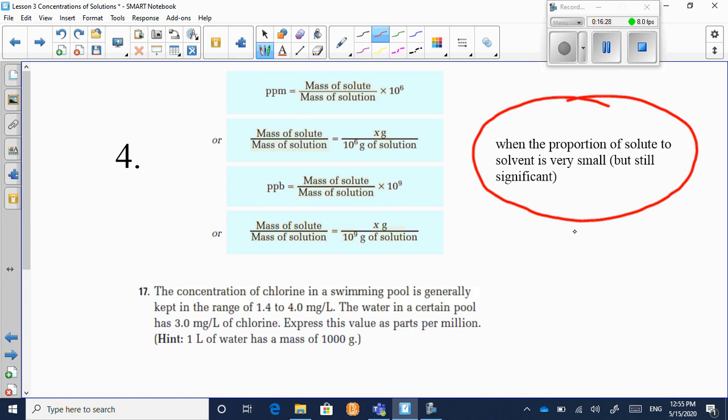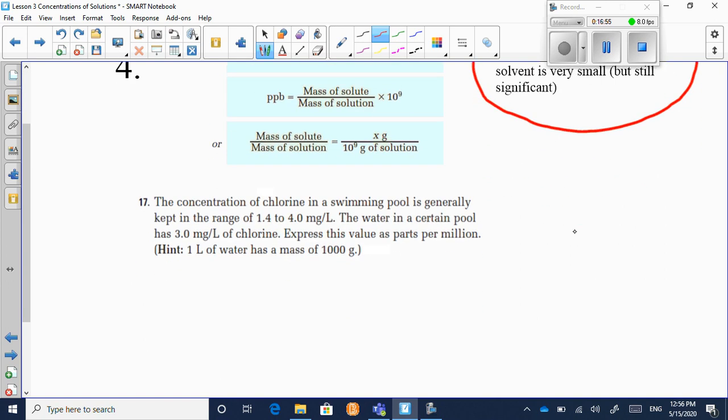You're going to be given something like 30 parts per million. Well, again, it turns it into a number that's a little friendlier to work with, but also it's significant. If I was interested in the amount of radioactive waste in a substance, parts per million can be huge and can be deadly, and so we're interested in that number. Okay, let's try one of these.